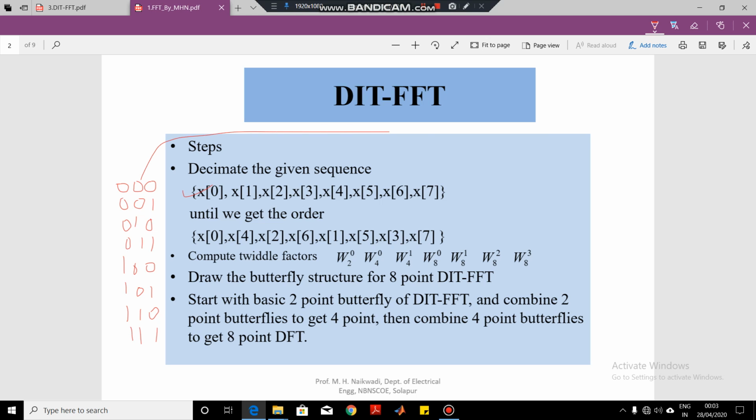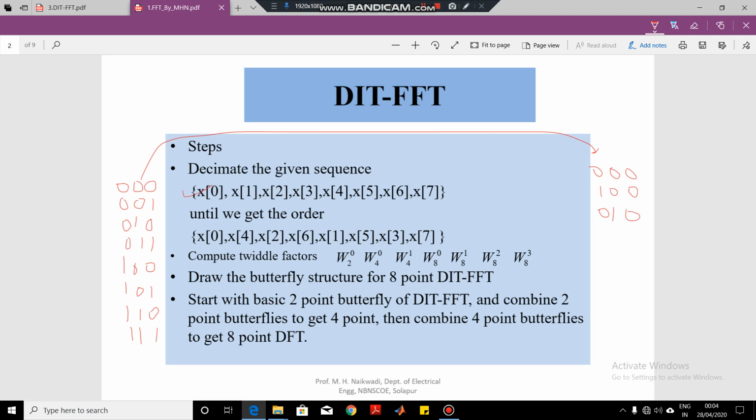Now if we bit reverse these sequences, the bit reversed order of 000 will be 000, right? Bit reversed order of 001 will be 100, because we are writing it in the reverse fashion. 010 will remain the same.